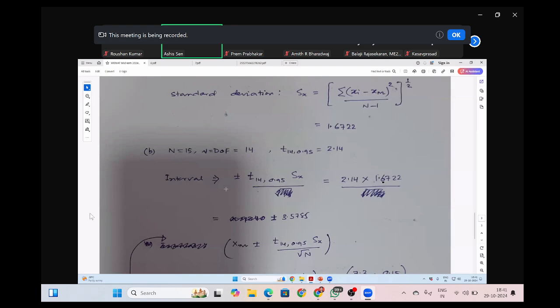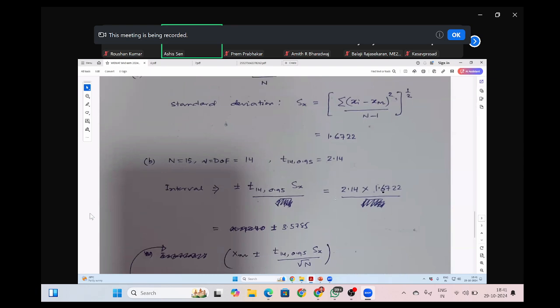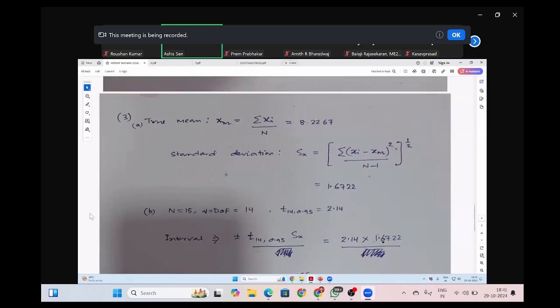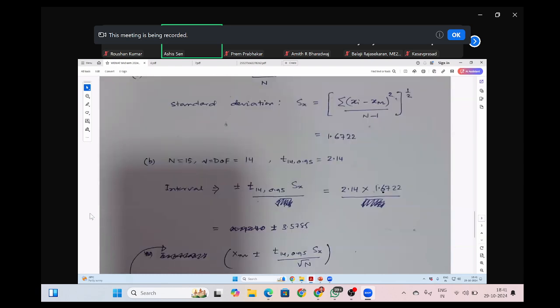So the interval will basically be the mean plus minus t 14, 0.95 into the standard deviation, which is 2.14 into 1.6722. So the interval within which 95% of data points should lie will be 8.2267 plus minus 3.5785. Okay, this is basically the interval.